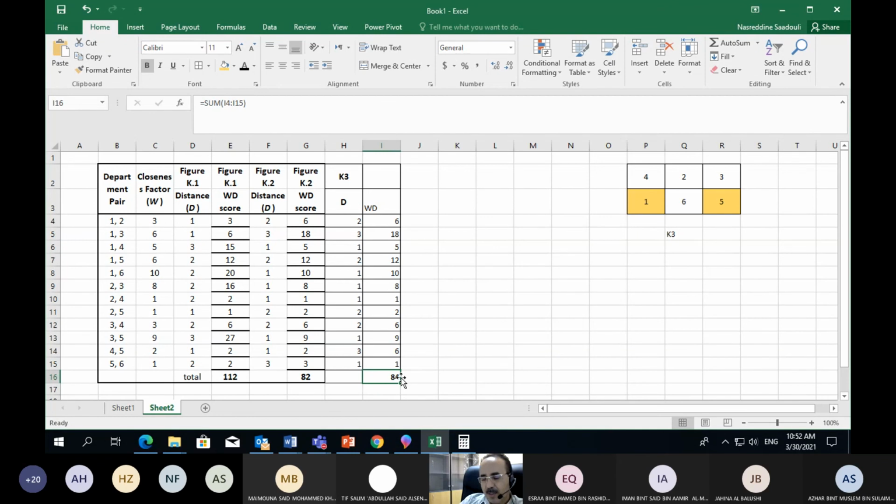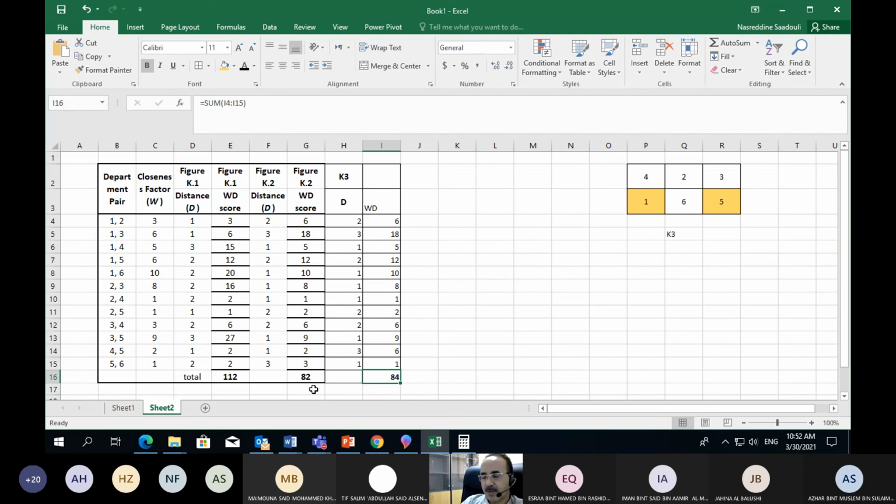In practice, by the way, the problem is not this simple, because I keep repeating that these techniques help us to make a decision, they don't make the decision on our behalf. So in practice, this score could be just one of the factors among many others in making the decision on how to lay out the facility. Okay, because there could be some other factors that are of more of a subjective nature.